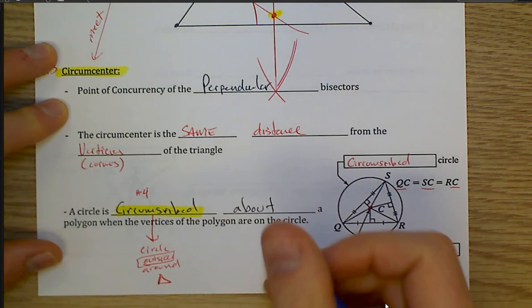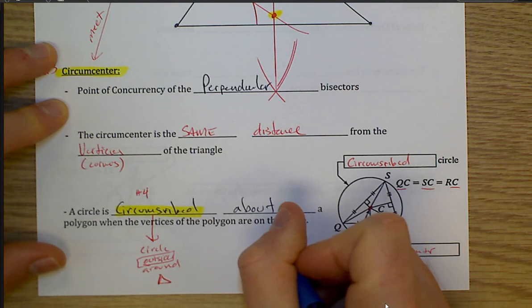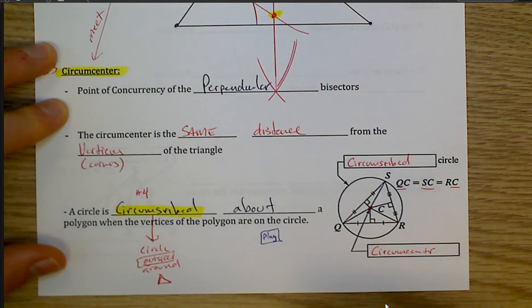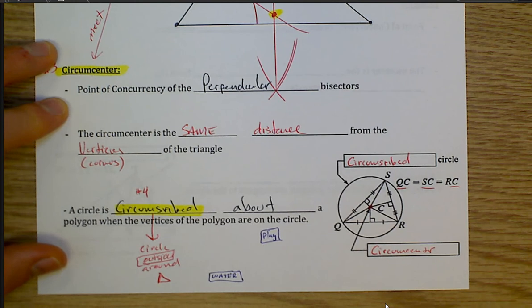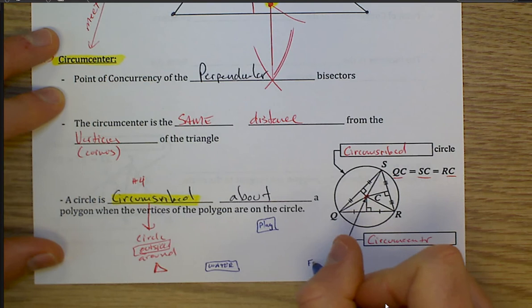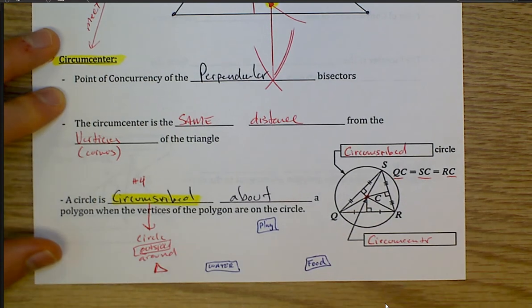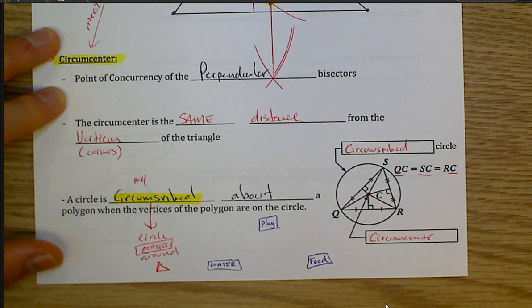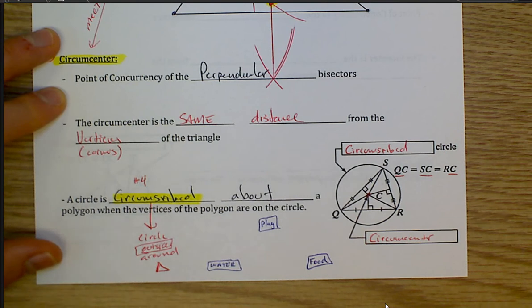Let's say you have a playground here, and you have a water splash pad over here, and you have, I don't know, a food station over here, okay? And you, as a city planner, want to put a picnic table, or a gathering place right in the middle of all 3 of these.